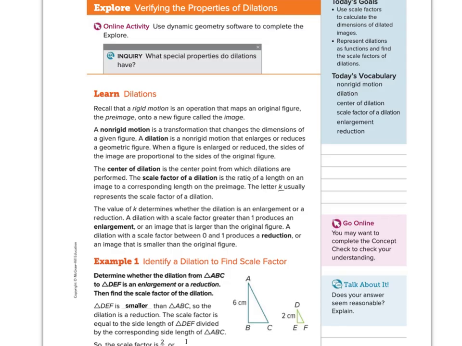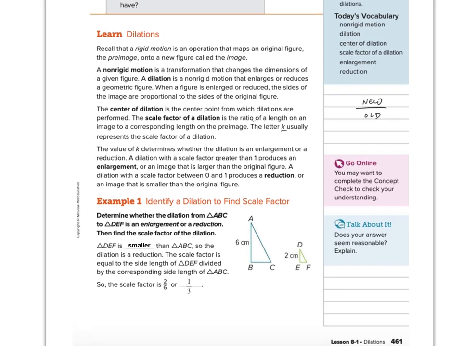The big thing here is, as we're calculating the scale factor, it's always going to be the new divided by the old. Using that information will help us come up with that scale factor.